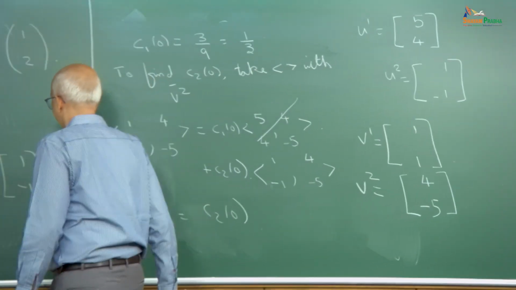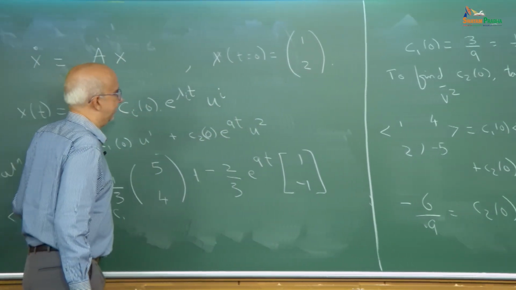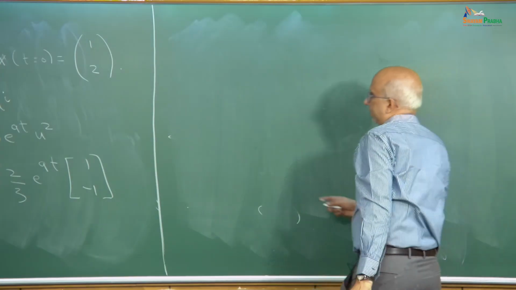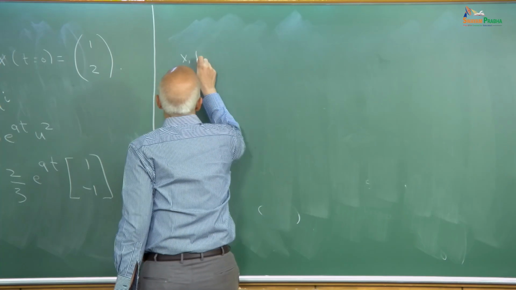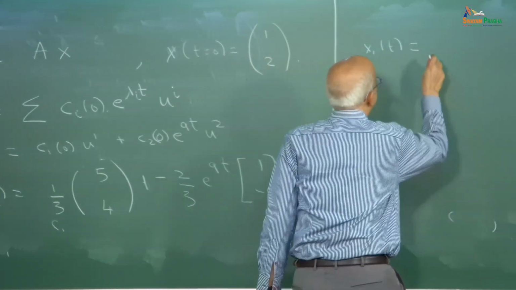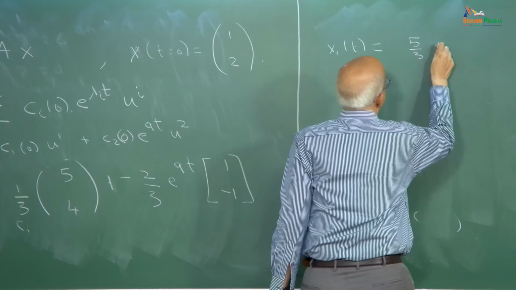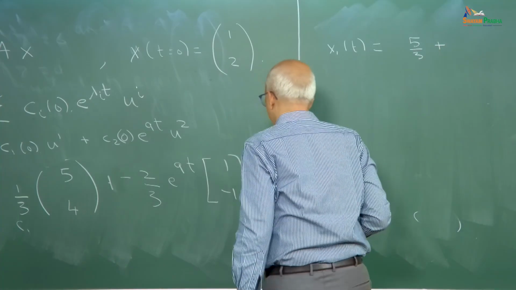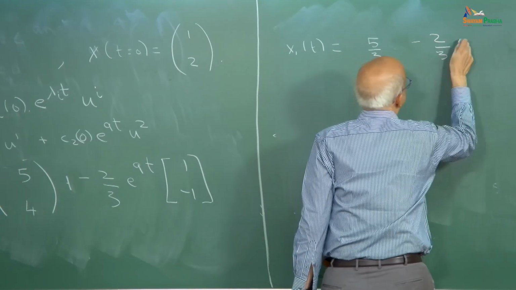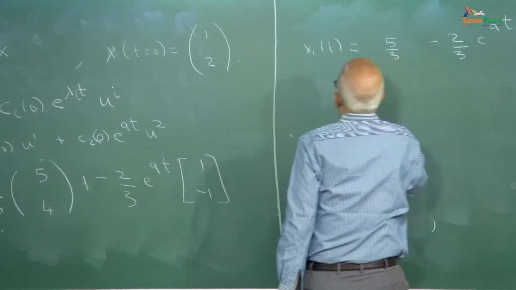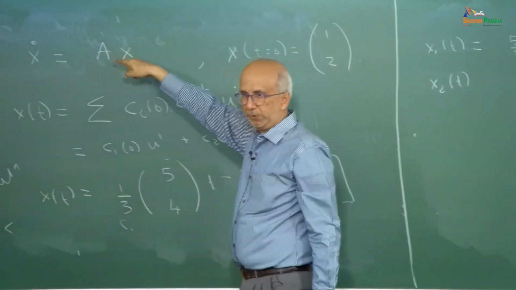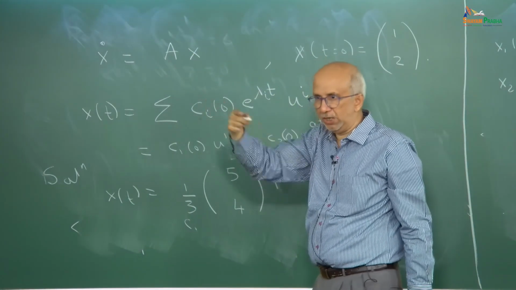This means the first element x1 of t is 5/3 minus 2/3 e power 9t, and the second variable, because this is actually a system of two equations and two unknowns x1, x2, I want to find out individually how each of them is varying.